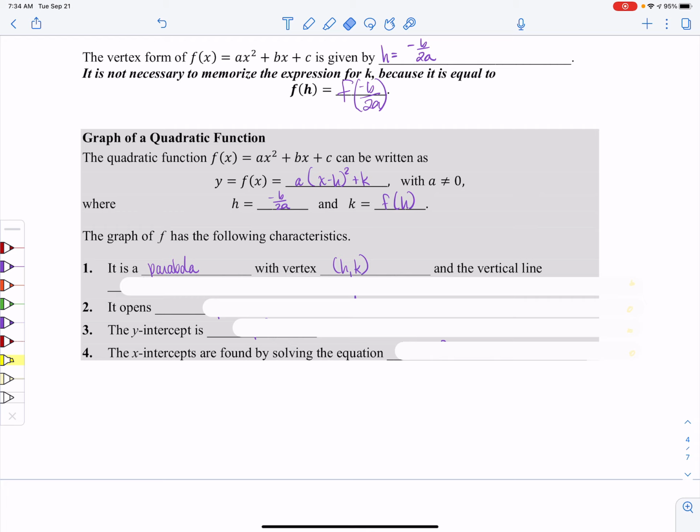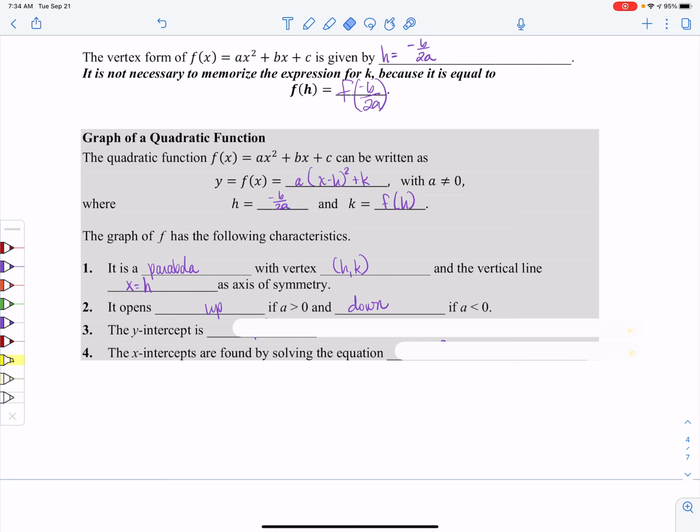You're always going to be drawing a parabola. As I already said, the vertex is going to be (h, k), and the axis of symmetry will be x equals h. It's going to be opening up if my a value is positive, and it's going to open down if my a value is negative. The y-intercept is always going to occur at the coordinate (0, c).